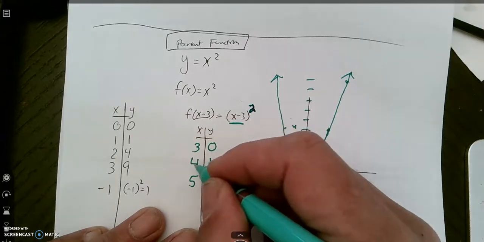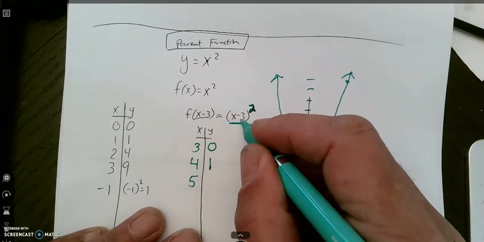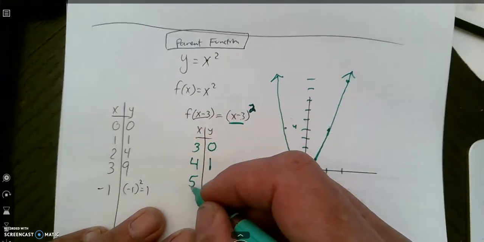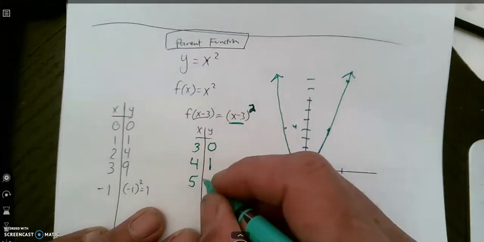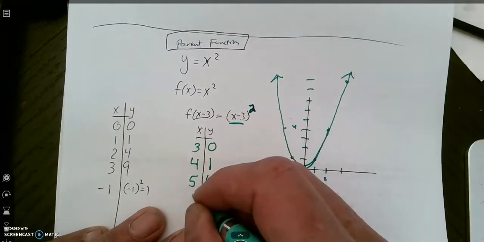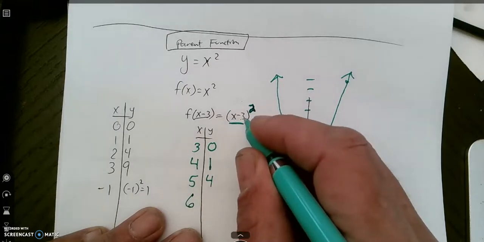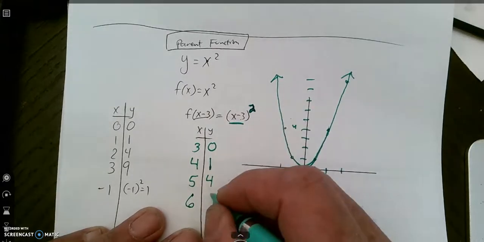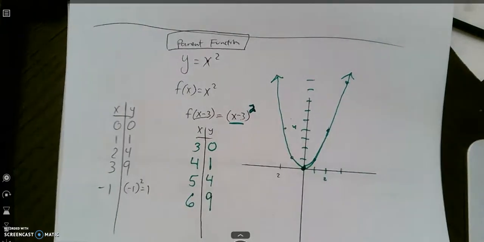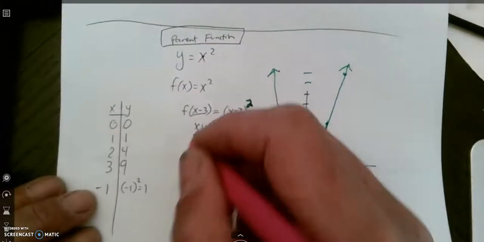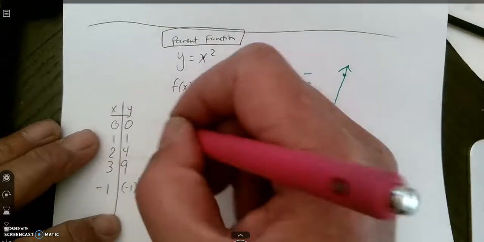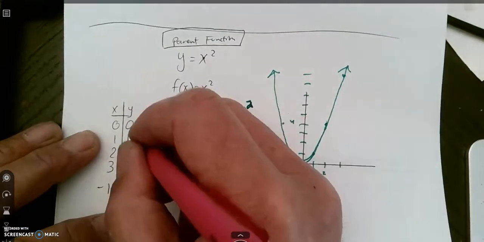Squared is 0. Plug in 4. 4 minus 3 is 1. Squared is 1. 5 minus 3 will be 2. Squared is 4. And when we plug in 6, 6 minus 3 will be 3. Squared is 9. So what you should see here is all the same numbers we had from before. It's just everything's been shifted.